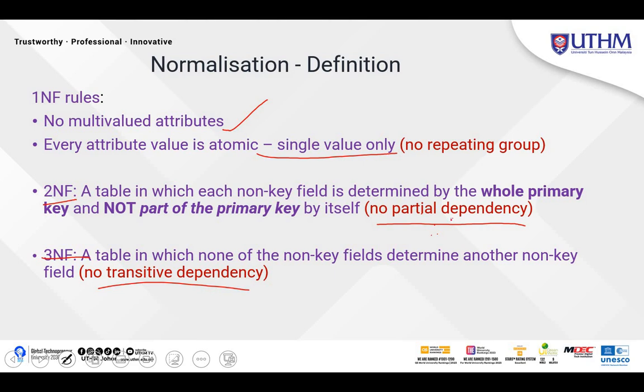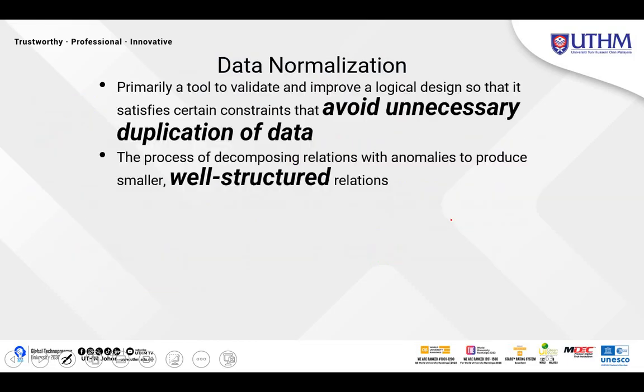When you have two primary keys, and one key can determine other attributes, or both keys are needed to determine one particular attribute, we need to split the table. This is what we call normalization.